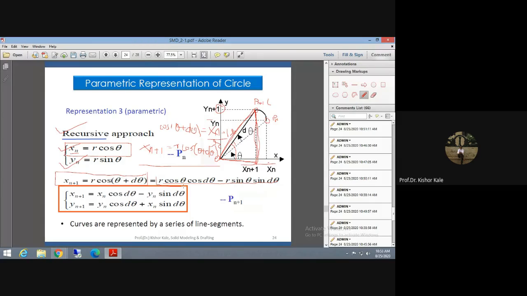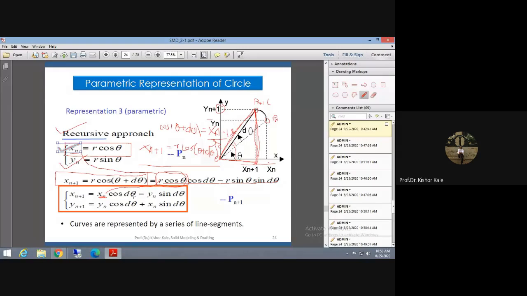Now what is r cos of theta? It is xn. See this equation, xn is there. Can you substitute r cos of theta as xn? Yes, sir. Okay, this xn comes from r cos of theta.